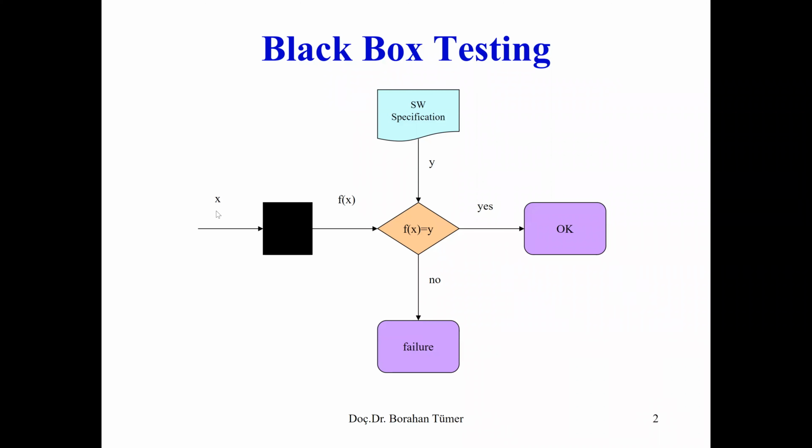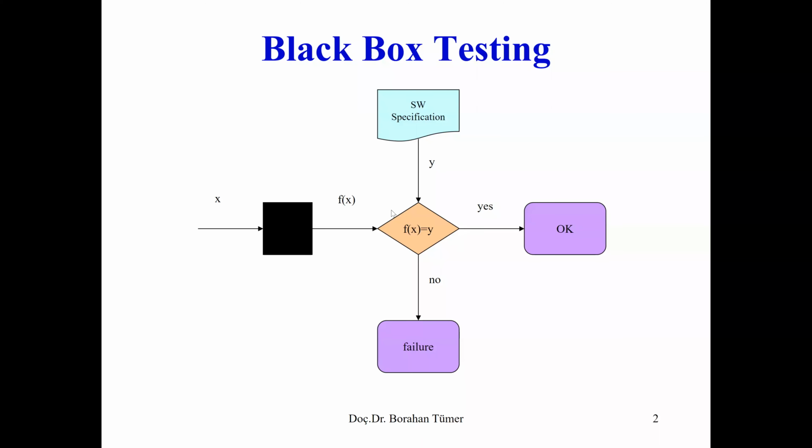So that means we know for each input X what output the program is supposed to provide us with. This here is a decision structure where f of X is the output that the program provides, and Y is the output that it is supposed to provide. So Y is the desired or correct output, and f of X is the actual output that our software product gives us.